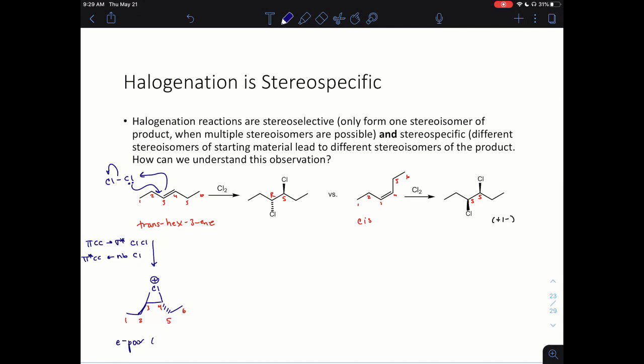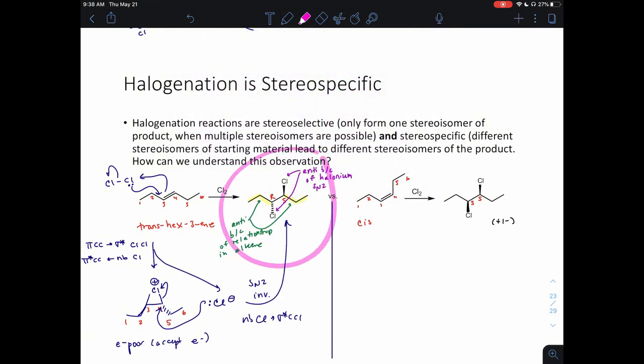They accept electrons. So from here, we will have electron-rich chloride, which was generated in the first step when the sigma bond broke, attack. Carbons 3 and 4 are exactly the same, but this is an SN2 reaction, so it occurs with inversion of stereochemistry.